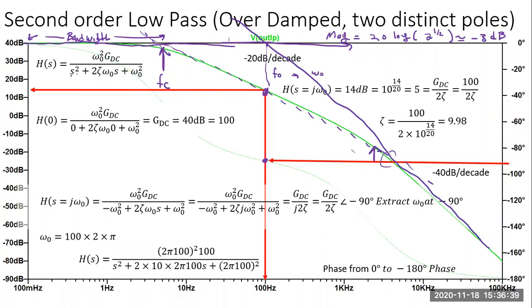This goes to 0, this goes to 0, the omega naughts cancel out, and you're left with GDC. All right, and you probably have 40 dB memorized as 100, right? So that's that. The omega naught squared, right? We found that, and it's left to find the damping ratio, right?